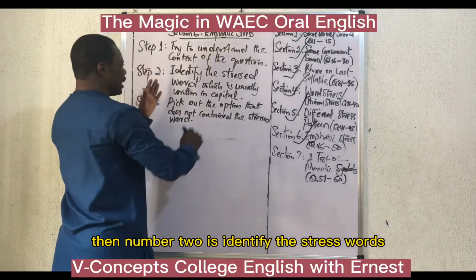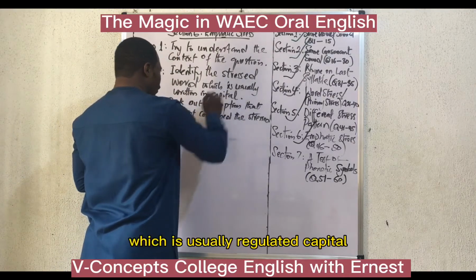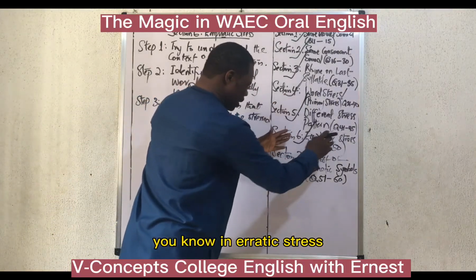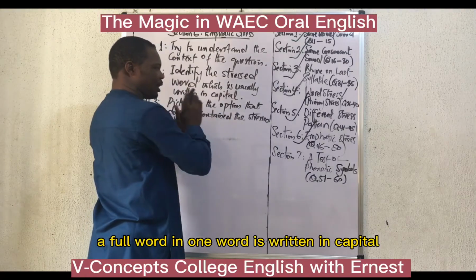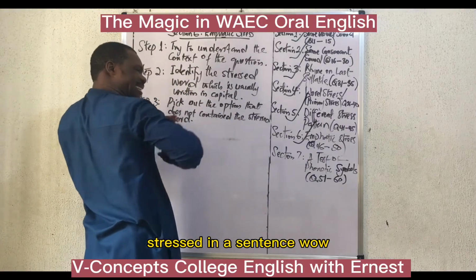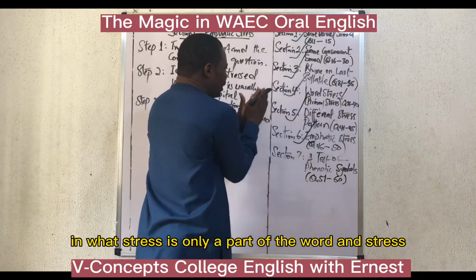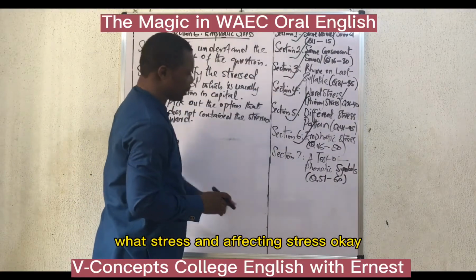Then number 2 is identify the stressed words, which are usually written in capital. You know, in emphatic stress, a whole word is written in capital and stressed in a sentence, while in word stress, it's only a part of the word that is stressed. That's the difference between word stress and emphatic stress.